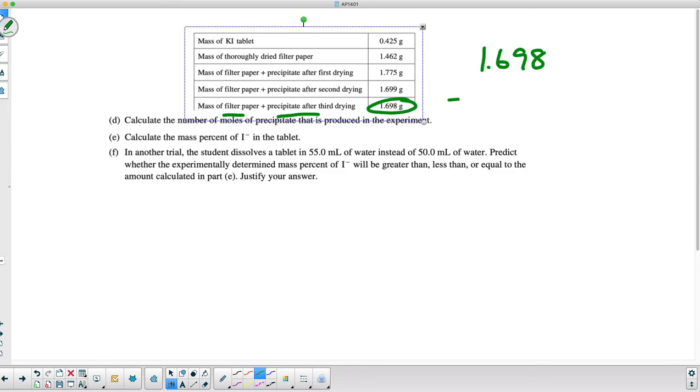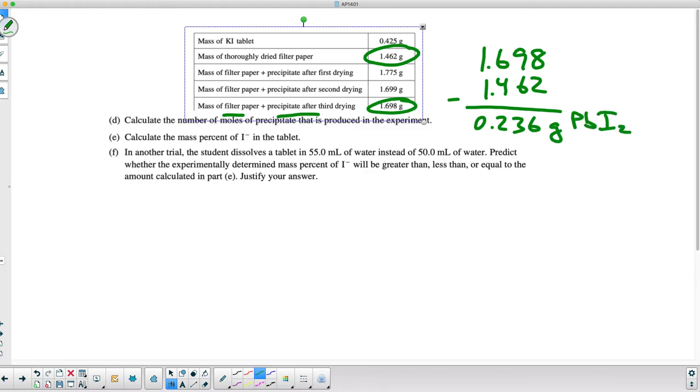And then I'm going to subtract the amount of just the filter paper, which is 1.462. When I subtract the two, I get 0.236 grams, and that is just the precipitate, and the precipitate is PbI2. And we discovered that in the net ionic equation last time.